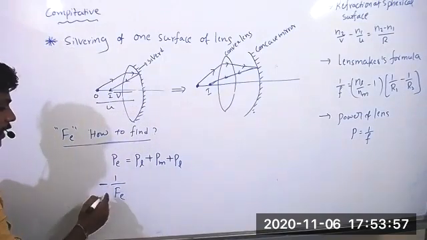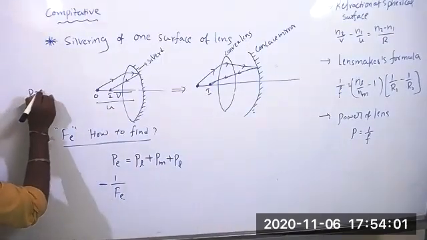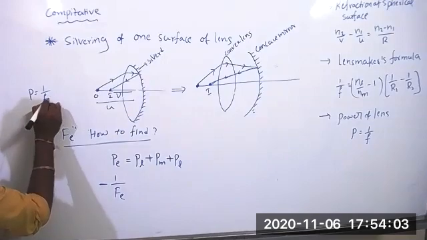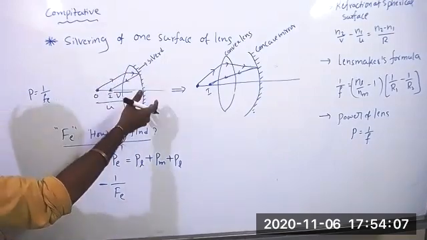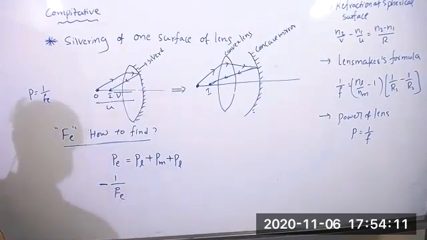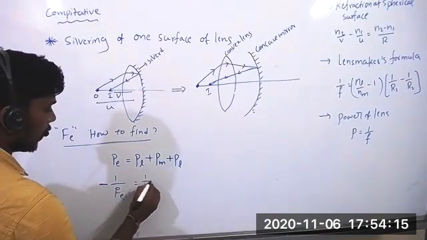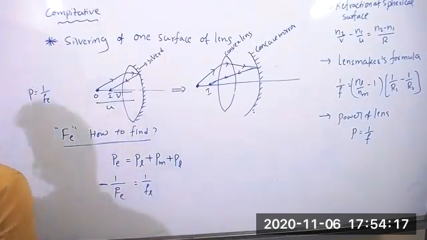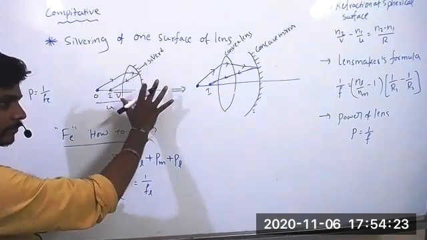Why am I taking minus 1 by Fe? Actually, power is positive for a lens, but the total system is acting like a mirror, so I have taken negative. Am I clear? So 1 by FL. Tell me, why did you take it negative? The system is acting like a mirror, right?